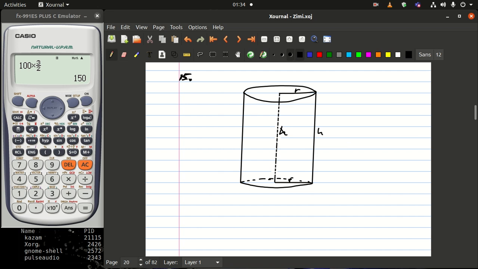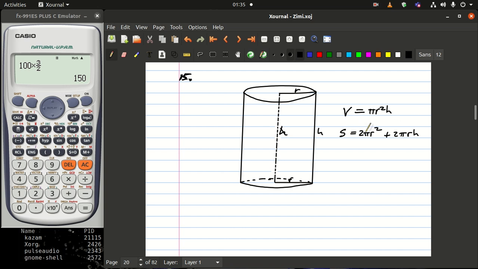And when you look into this, you will always find out that the volume of the cylinder is always gonna be pi r squared h, and the surface area is always gonna be given by 2 pi r squared plus 2 pi r h.